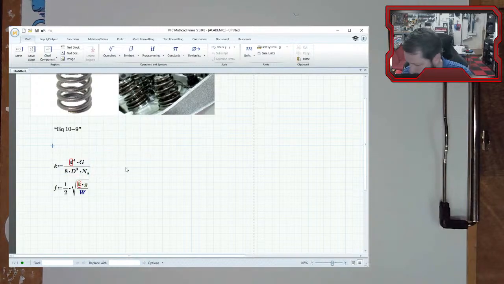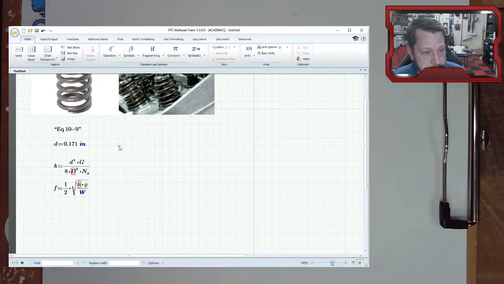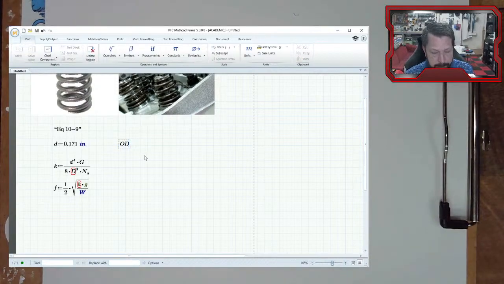So I did go and pick out an actual valve spring set of numbers. So the wire diameter for this one, lowercase d, is 0.171 inches. So that would be how large the diameter of the wire itself is. The OD, so the outer diameter, not the capital D that goes in spring rate, but the outer diameter of the spring, was 1.285 inches.